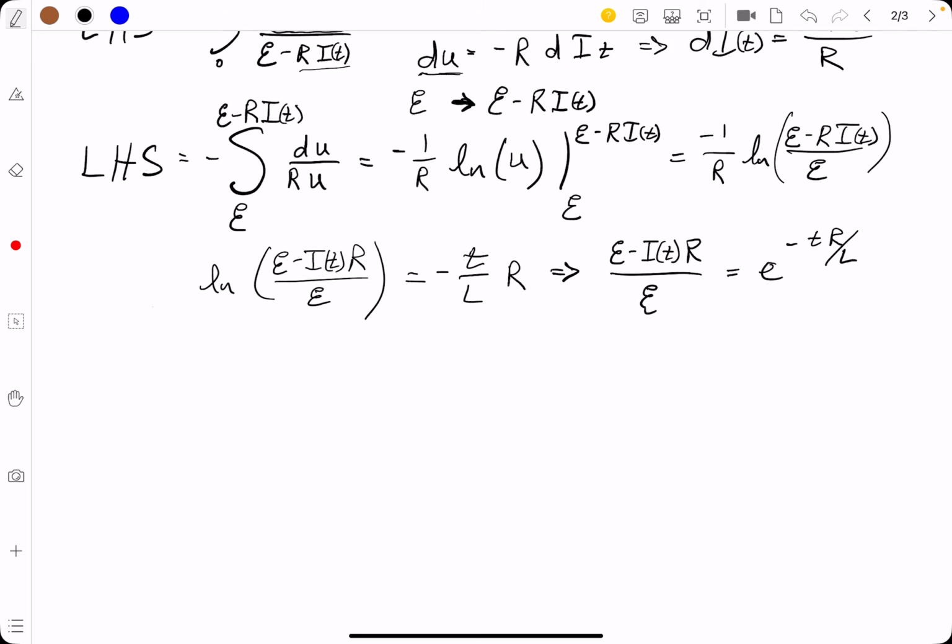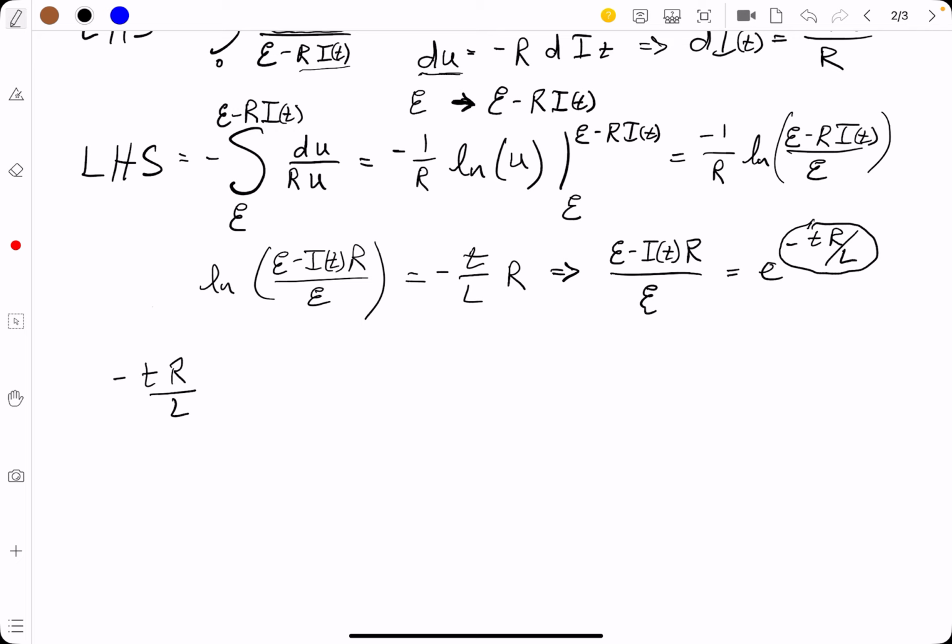Inside any argument, this is our argument for the exponential function, it's got to be unitless, okay? So let's just look at minus t times r over L. So this whole thing is unitless.